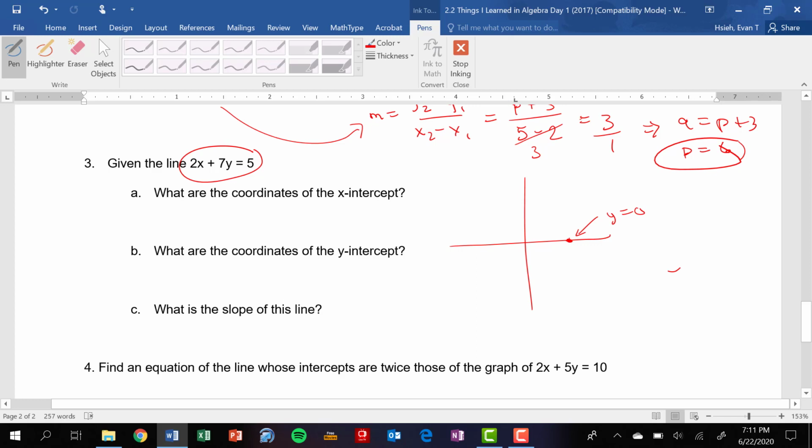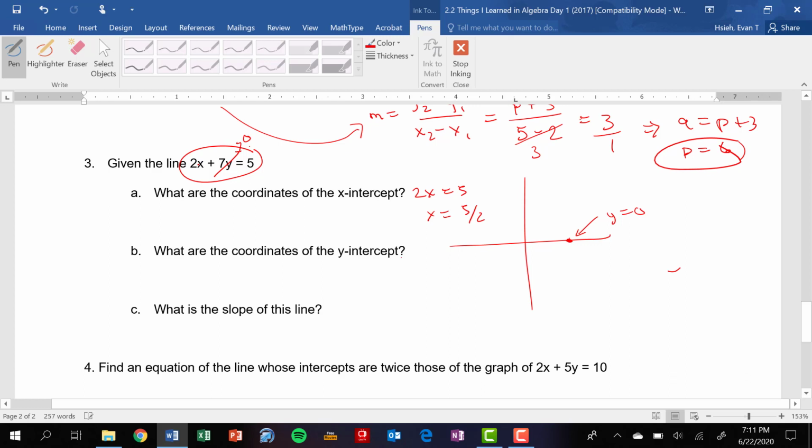So what I can do is basically in the equation set my y equal to 0 and solve for x. So I get 2x equals 5, x is equal to 5 halves. That's my x-intercept, or (5/2, 0) is actually the coordinates of the x-intercept.